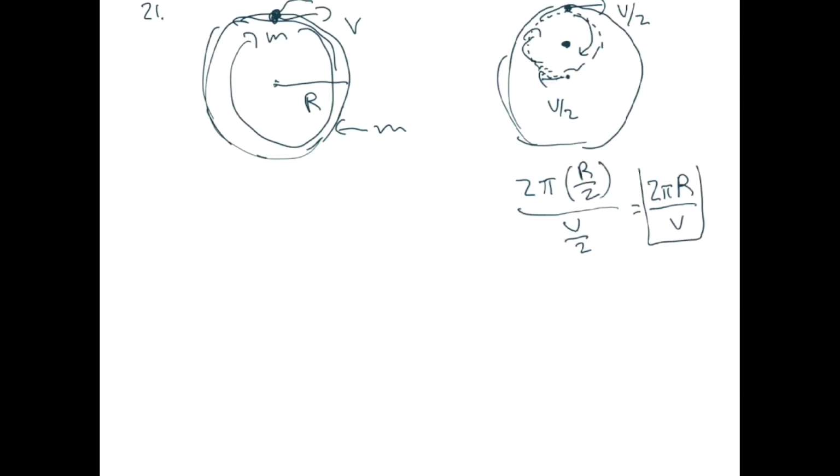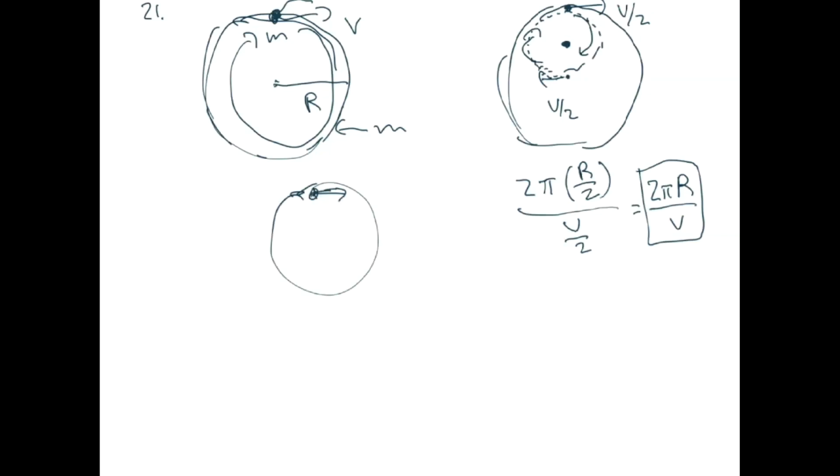That's our answer. Alternatively, the solution given by AAPT is that whenever the mass pushes on the ring, it's always going to be an elastic collision. And whenever there's an elastic collision, the relative velocity of the two masses stays the same.